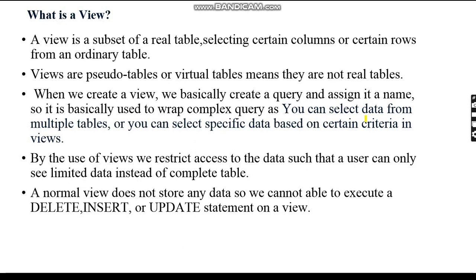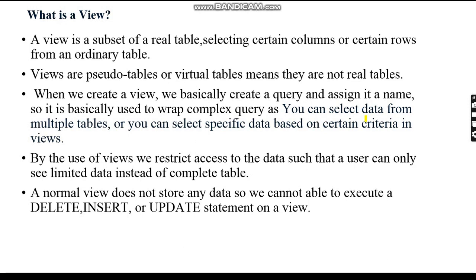By the use of views, we restrict access to the data such that a user can only see limited data instead of the complete table. And another reason we make use of views is that we can provide security to the table, by giving restricted access to that particular table.